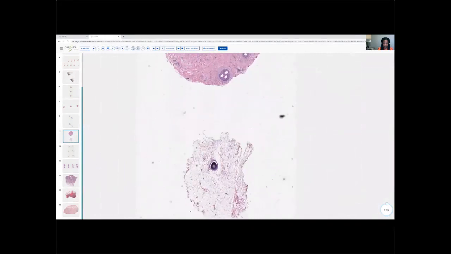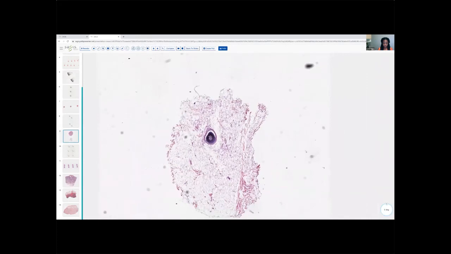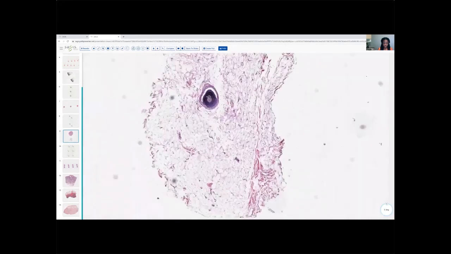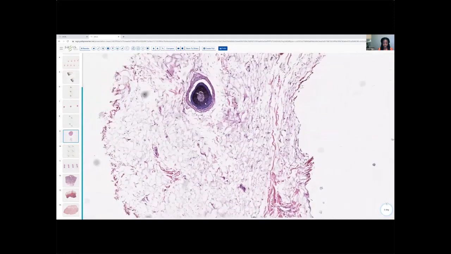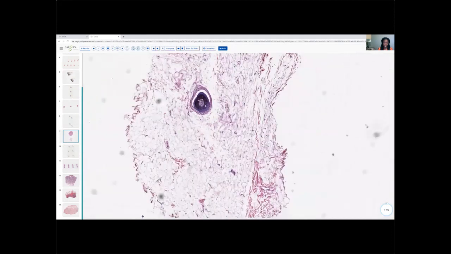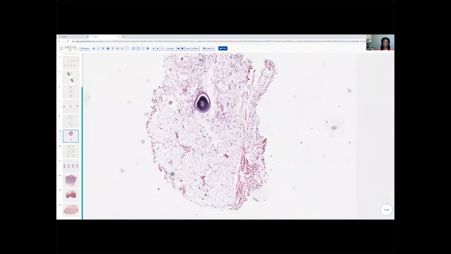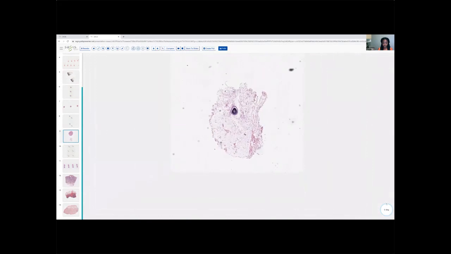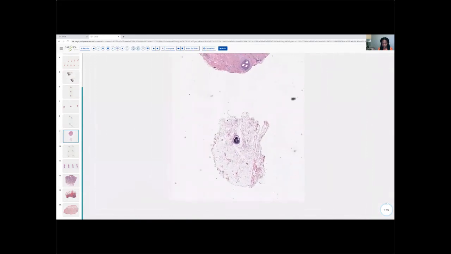Well, here, okay, so now we're a little bit lower. Here, we're in the subcutis. And it's a decent example, but we have a desquamation of the inner root sheath happening in this example as well, but this is not acceptable, right? We are in the subcutaneous fat. We don't expect to see inner root sheath desquamation at this level. So if we're at the subcutaneous fat, that means we're bulbar, right?